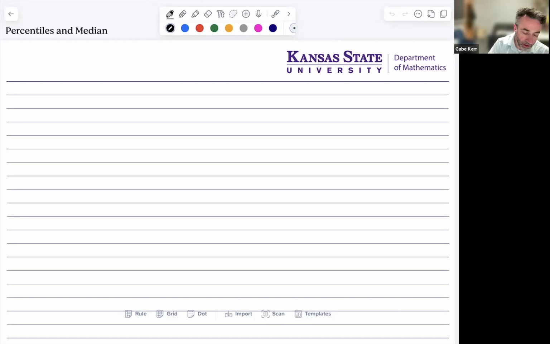So first off, let me just write down what I just said. We'll refer to a set of numbers, which, as last time, we wrote in terms of D1, D2, etc., up to D sub n as our data set.